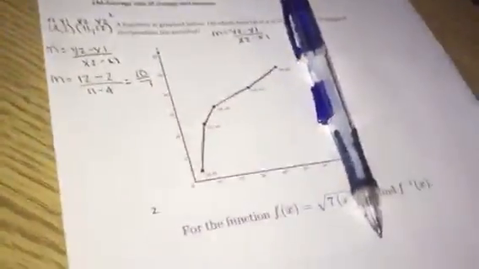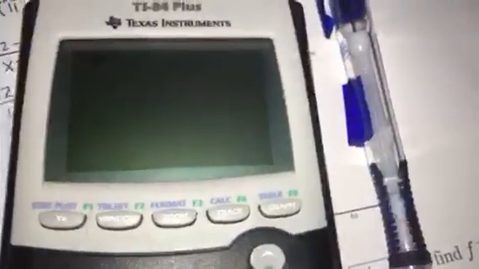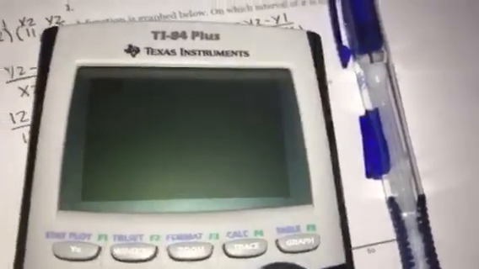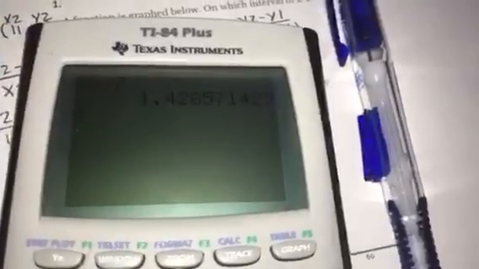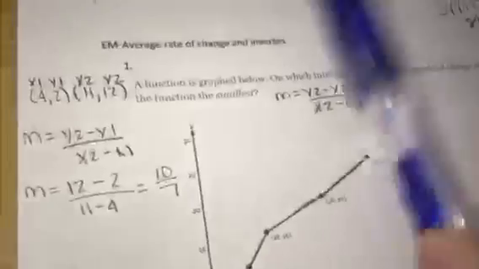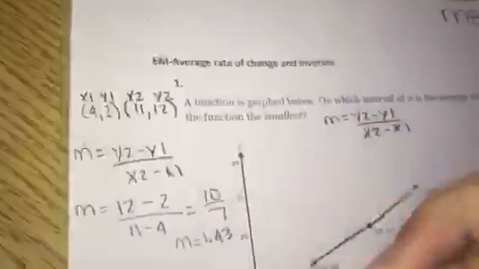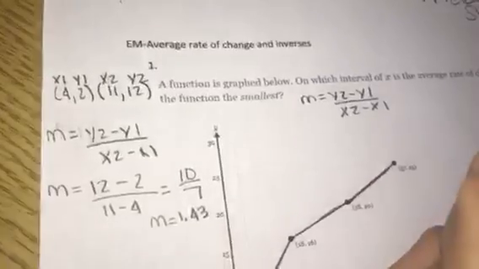Let me pull out my calculator here real quick. 10 over 7 is 1.43. So m equals 1.43. That's our average rate of change for that interval.